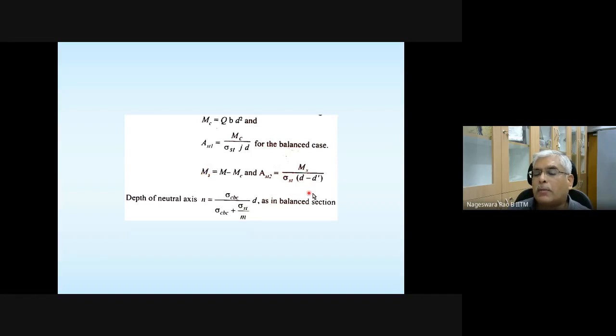This is the additional moment this beam has to resist. For that, what is the amount of tensile steel I need to provide? That can be obtained using this relation. Please note that this is the additional moment. And you just go back to your M is equal to the moment that is resisted by the tensile steel.